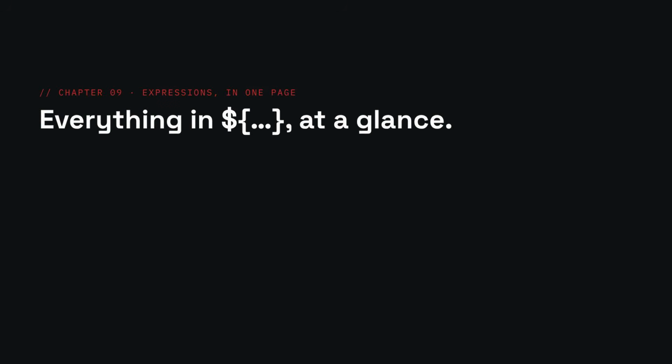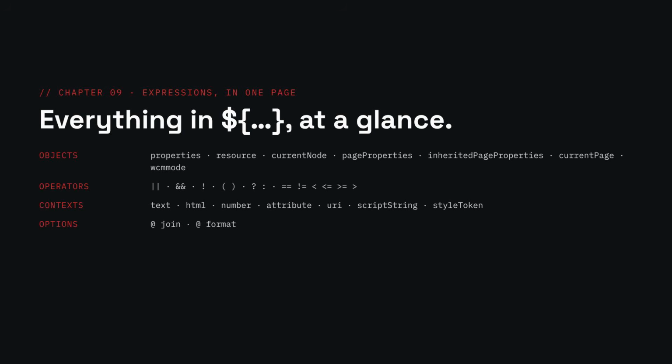Let's put it all in one picture in the order we learned it. An expression reads from an object, properties, resource, and current node for the component. Page properties, inherited page properties, and current page for the page, and WCM mode for author versus publish. It combines and compares with operators, or and not, grouping, the ternary and the strict comparisons.